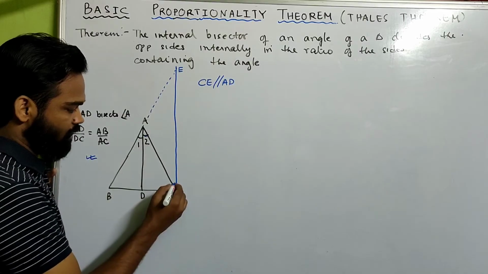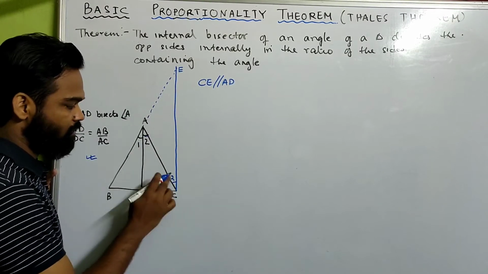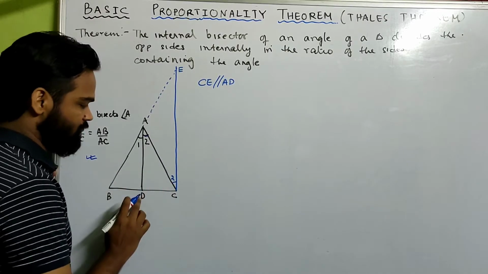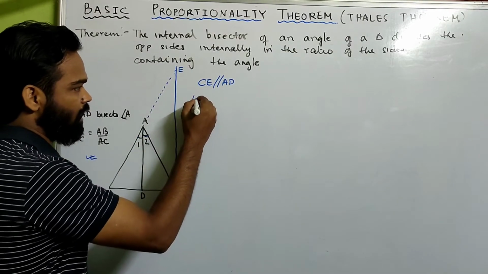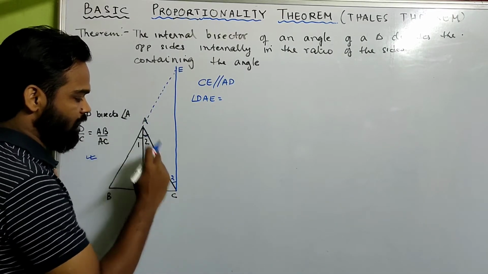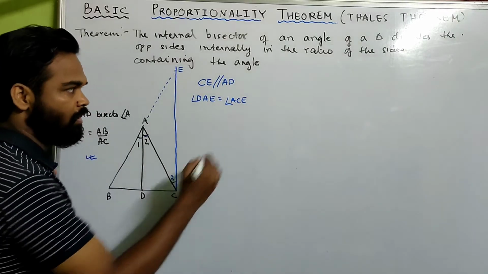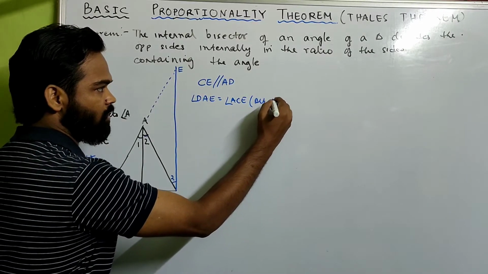So this angle and this angle will be alternate angles, isn't it? Because these two are parallel lines, which means angle DAE is equal to angle ACE, alternate angle.